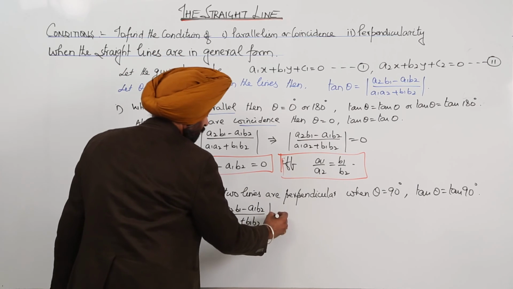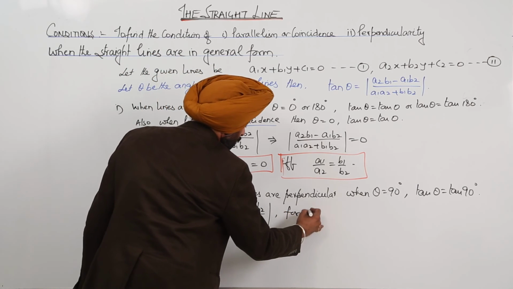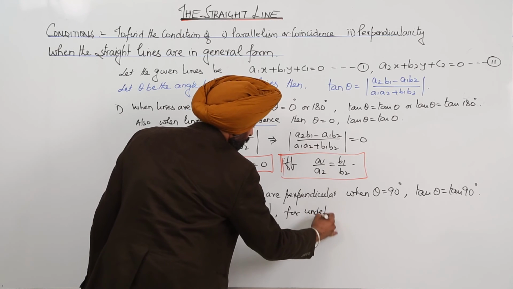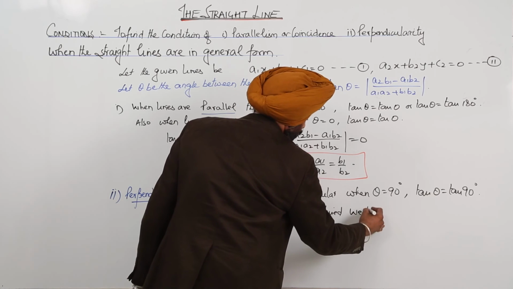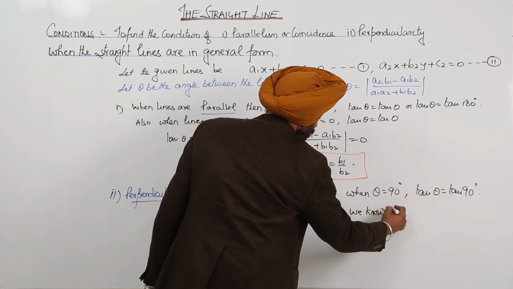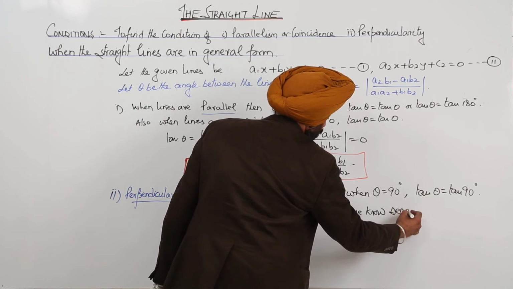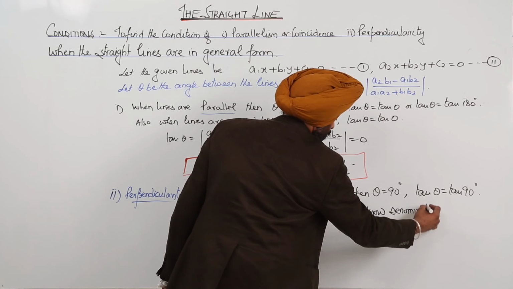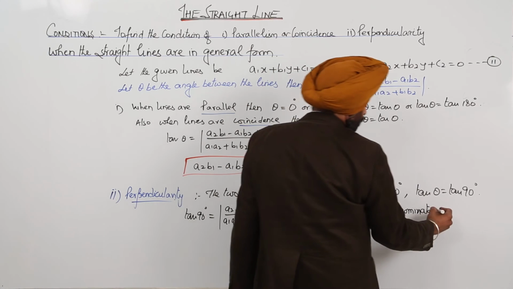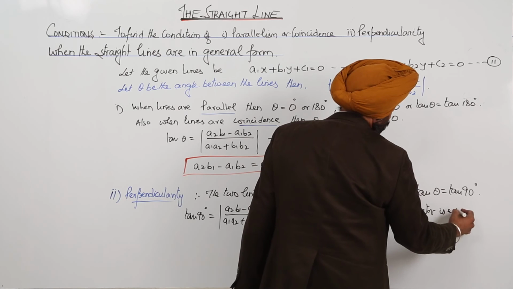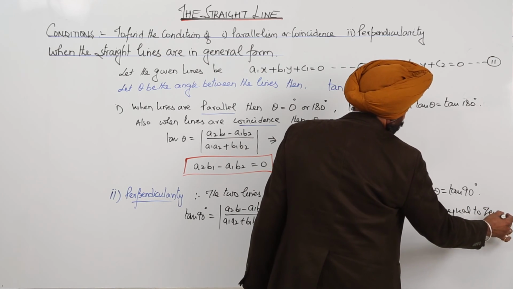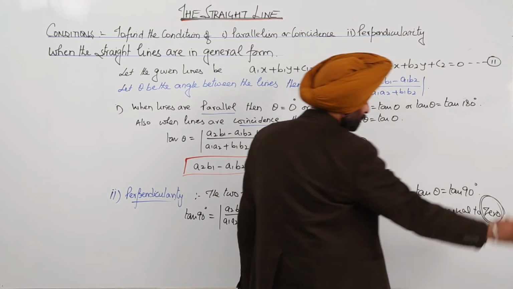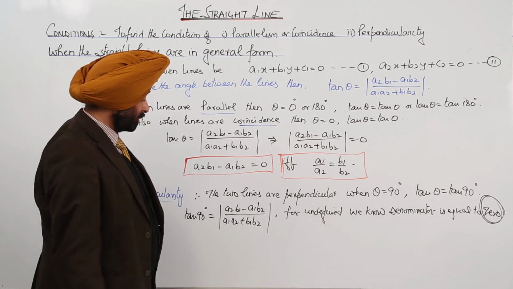Now, for undefined, we know denominator is equal to 0. Remember this thing, denominator is equal to 0.